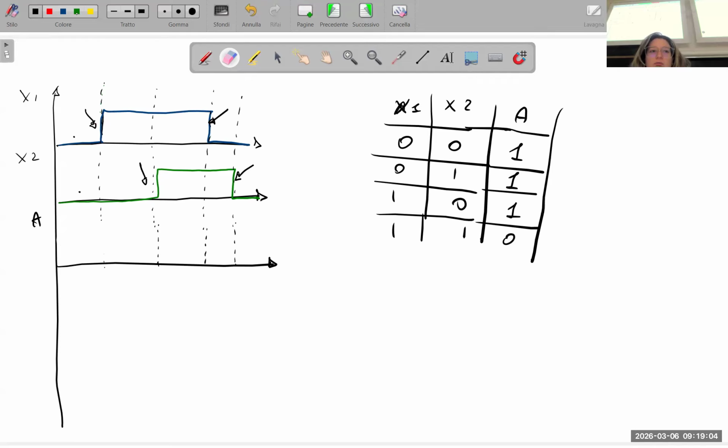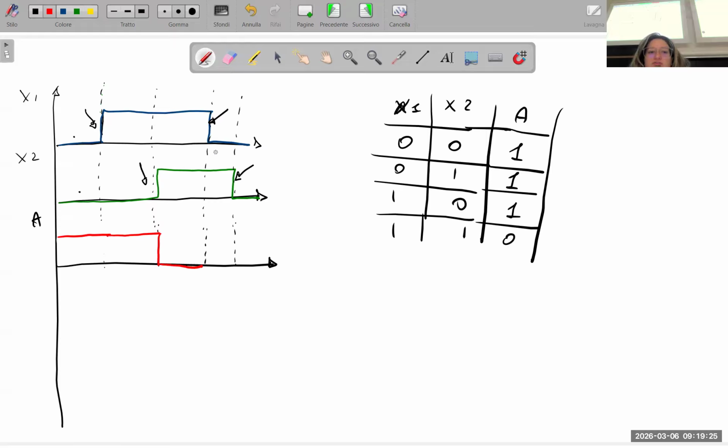Let's make it red. We have 1. Then there is a change. 1,0 is still 1. Then we have another change. 1,1 is 0, so it goes down.